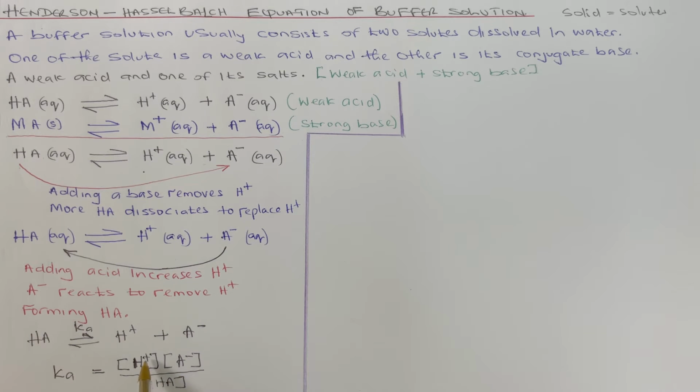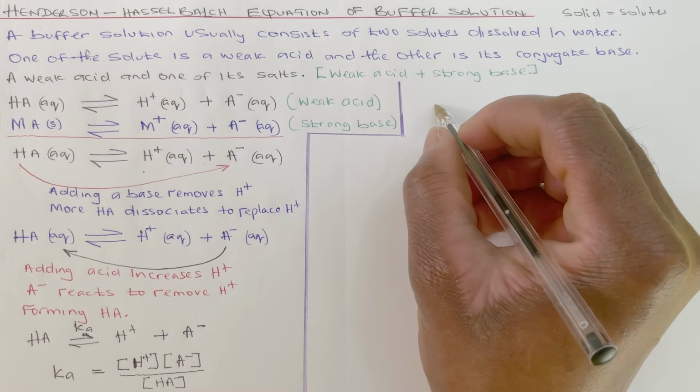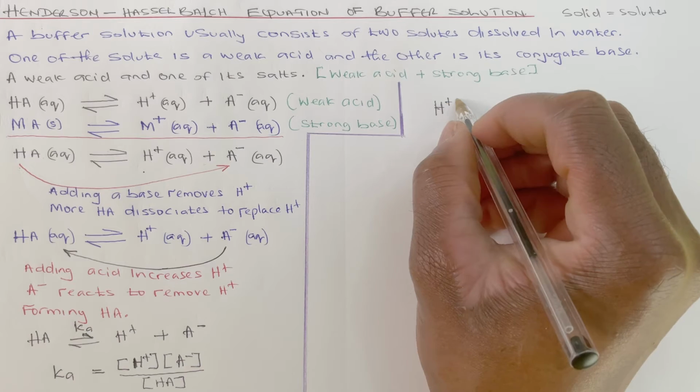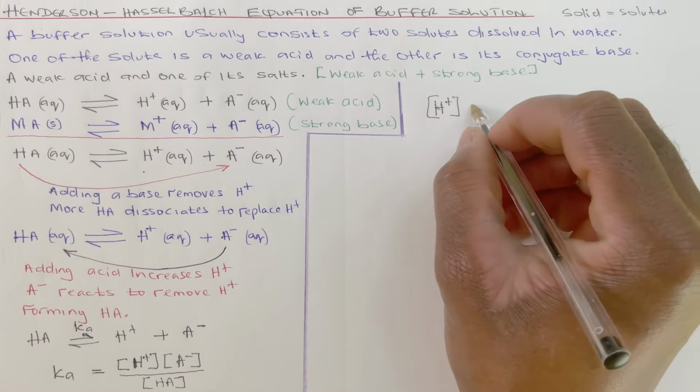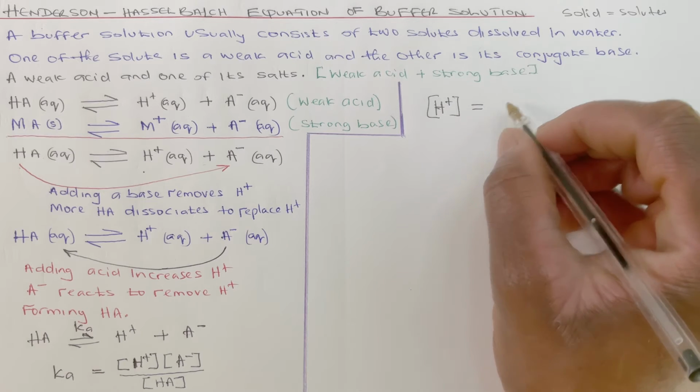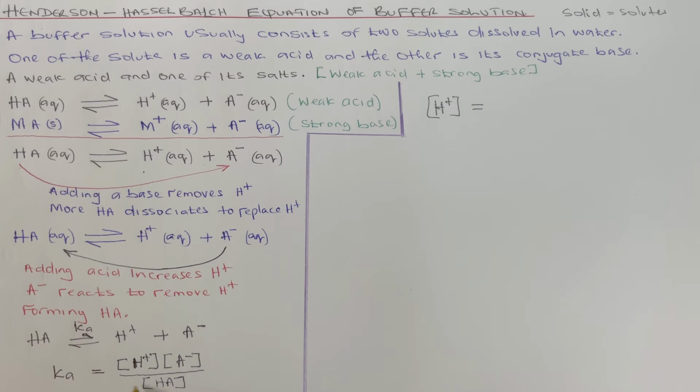I want to make H plus the subject. So if I write the H plus, it will be equal to, I need to cross multiply. Don't forget that's over 1. So cross multiply.